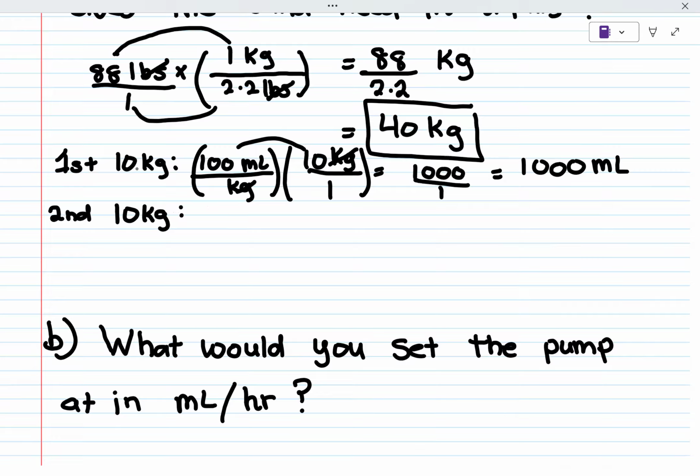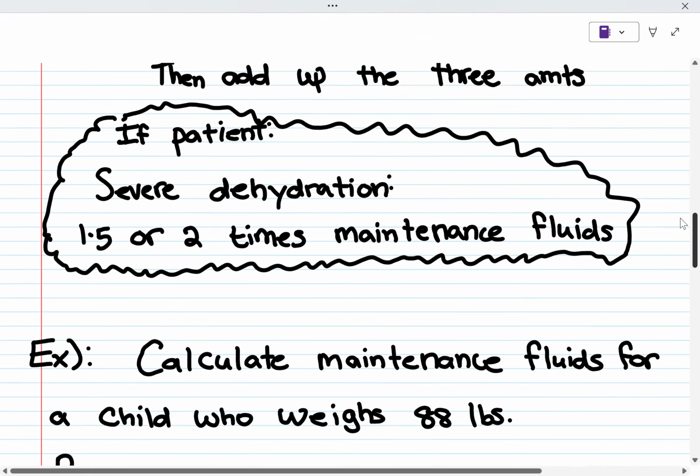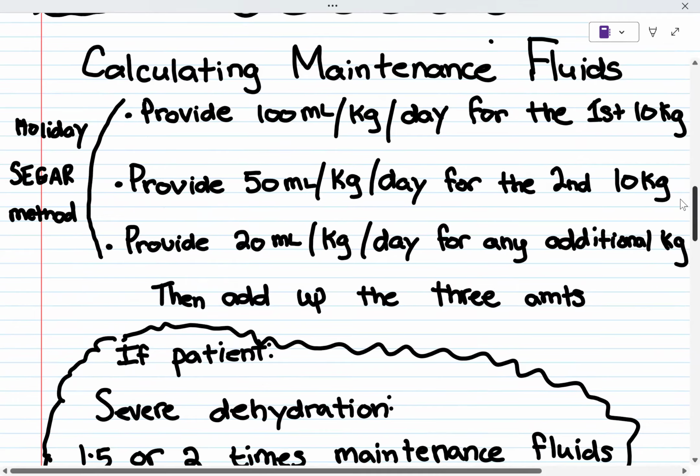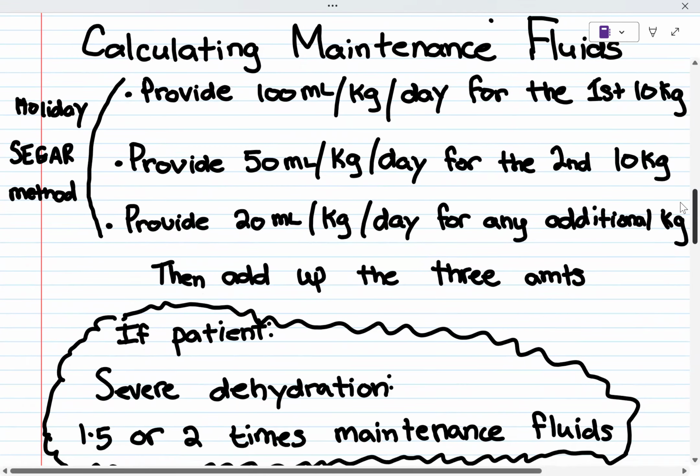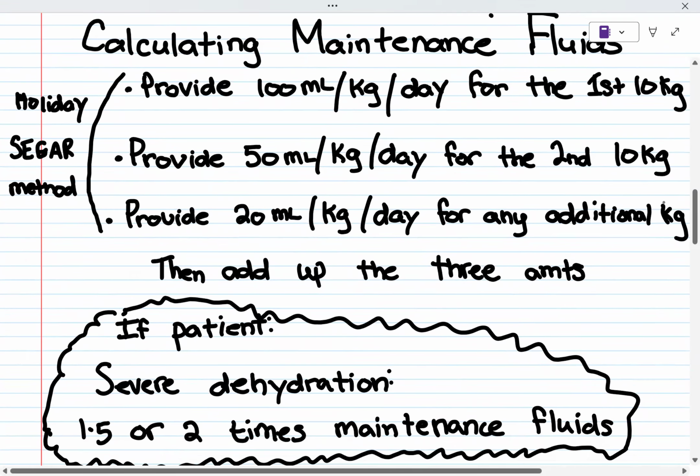So we did 10, so we need an additional amount. According to the Seeger rule, if we go back to this chart right here, it says provide 50 milliliters per kilogram for the second kilogram. So we have a total of 40, so we could do an additional 10 more.